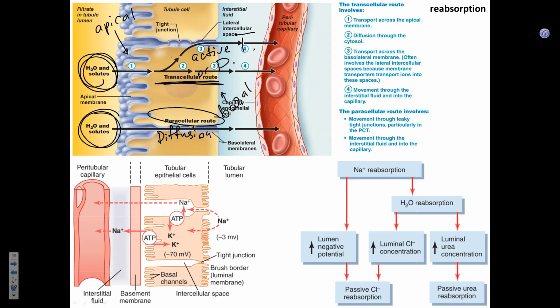Now, what I think is lovely in the renal system is that it's basically a summary of what you have learned already. And the mechanism of reabsorption, we're going to chat about it. And then you're going to tell me if you have heard about it before. Okay? So look at the picture in the left bottom corner of the slide. Here you have blood, and here you have filtrate.